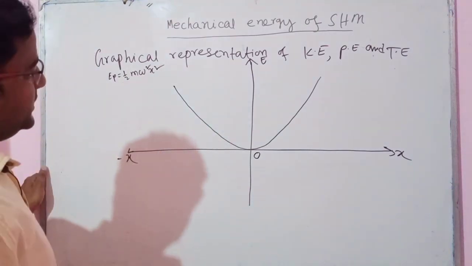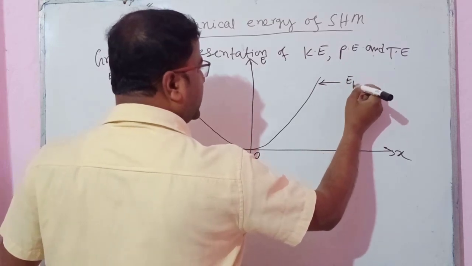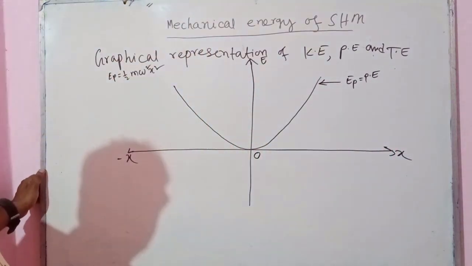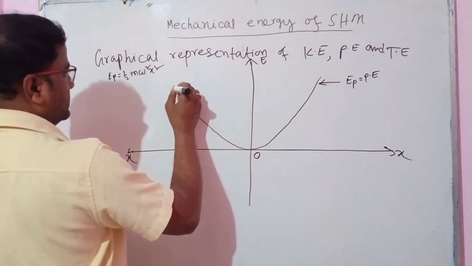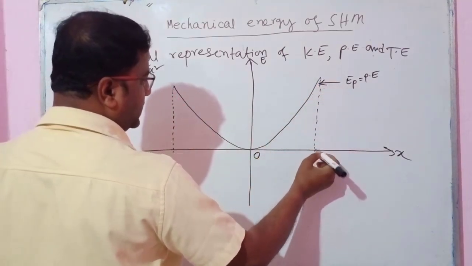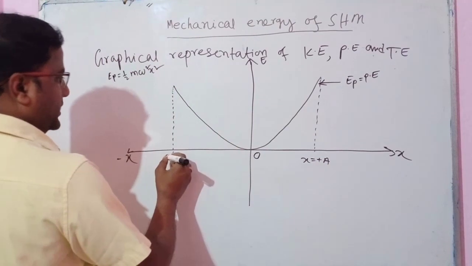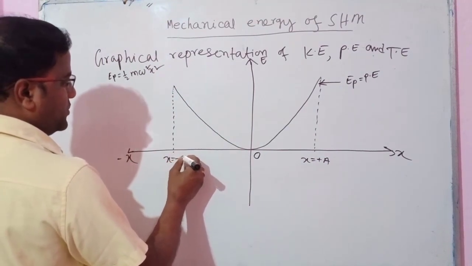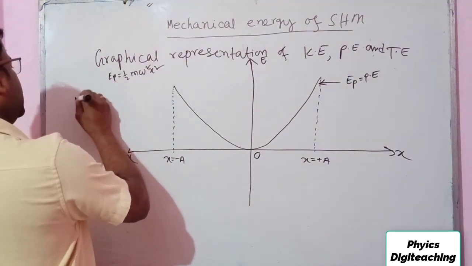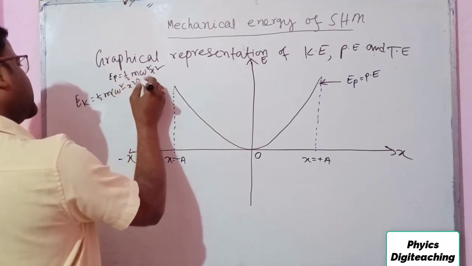Then we get this parabola. This is the graph for potential energy. Here the displacement x equal to plus a, and here the displacement x equal to minus a. Now kinetic energy Ek equal to half m omega square into a square minus x square.